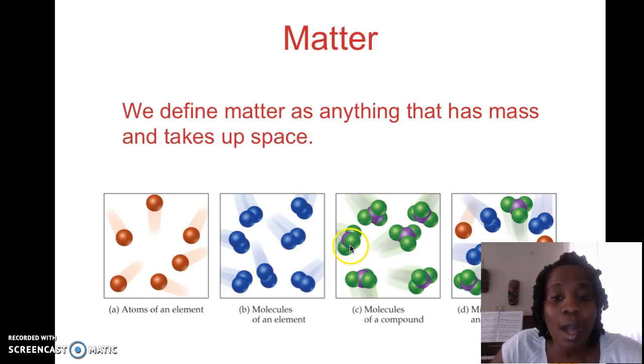To show a molecular compound, you would want to show 2 different types of atoms combined together in a specific ratio. And then finally, to show a mixture, you would have to show different types of particles, be it atoms, molecules, etc.